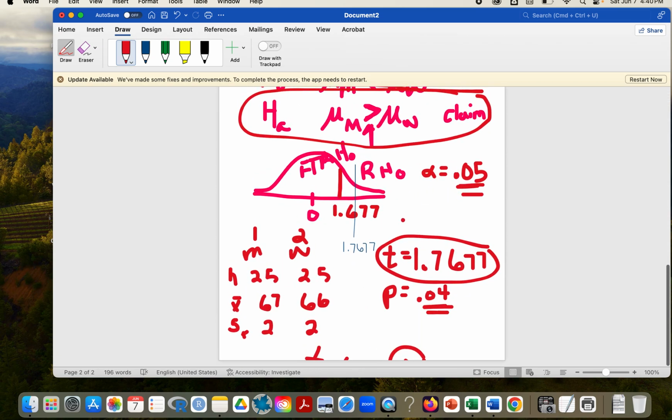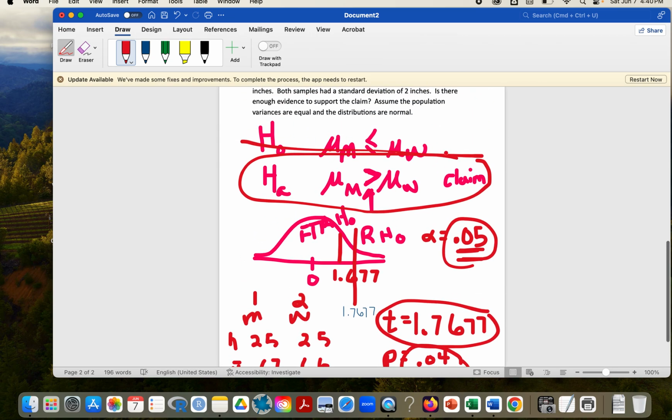so our conclusion got erased. But the idea is that the t distribution is indicating that we are in the rejection region. Our p-value is smaller than our alpha, so that's telling us as well to reject. We rejected the null, so we put a line through the null, and then the alternative hypothesis is supported.